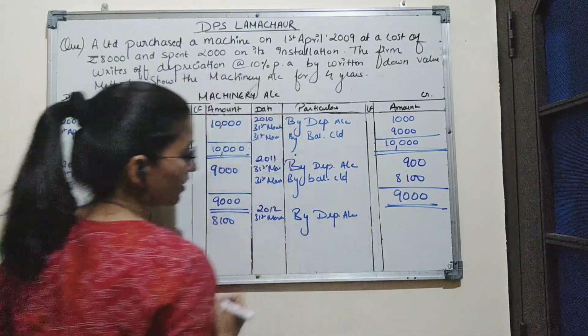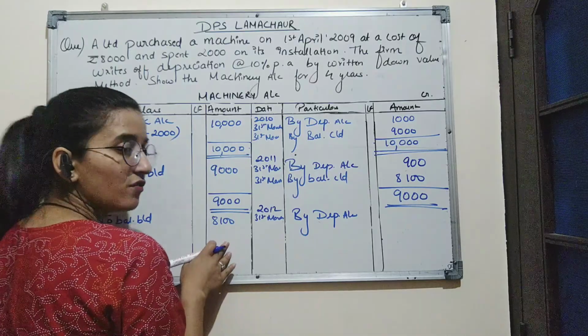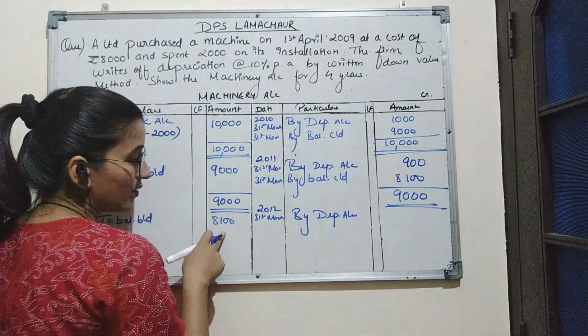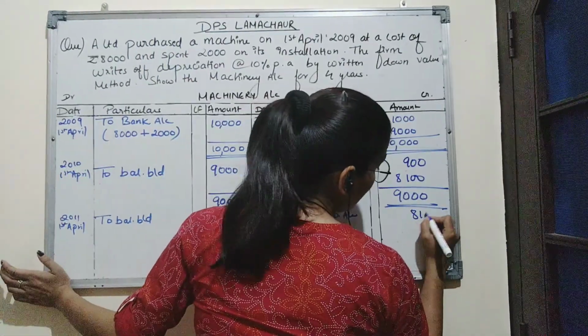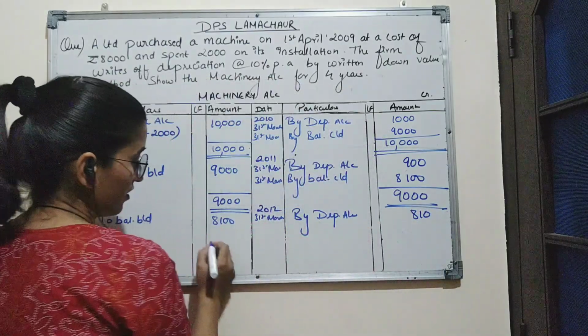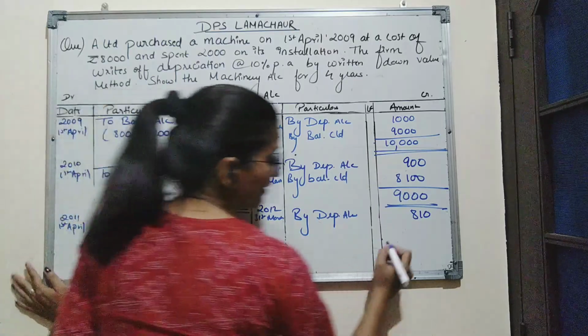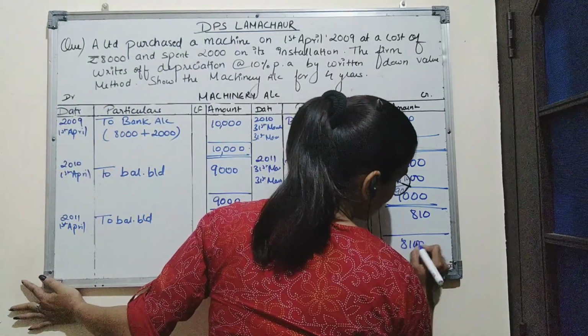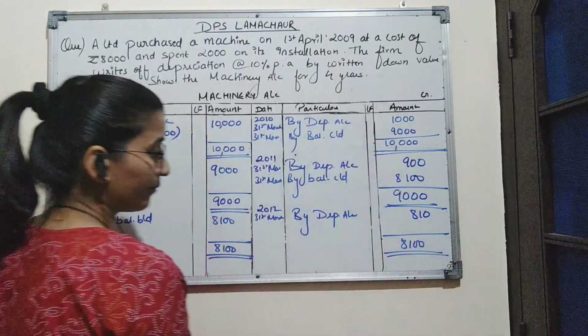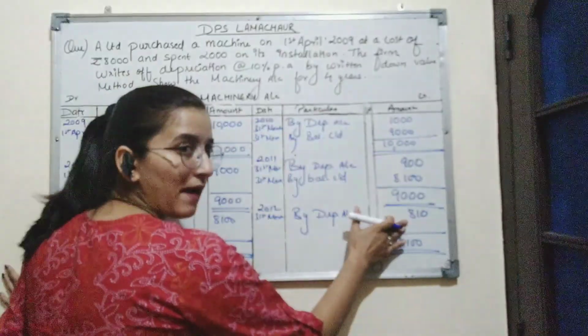depreciation account. So the depreciation rate is 10%. 10% of 8,100 is 810. The debit side has a greater value with 8,100. We'll write this amount here also on the credit side, 8,100. This is the balancing figure.